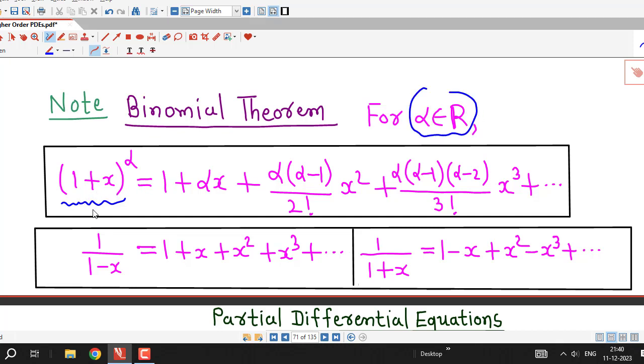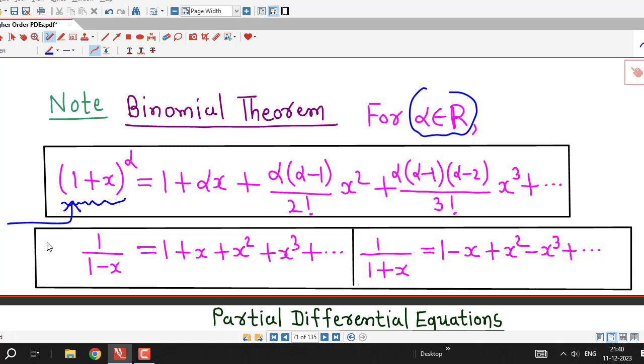Using the binomial theorem we can rewrite this function as an infinite series, and that series is given by 1 plus alpha x plus alpha times alpha minus 1 over 2 factorial x square plus alpha times alpha minus 1 times alpha minus 2 divided by 3 factorial x cube and so on.